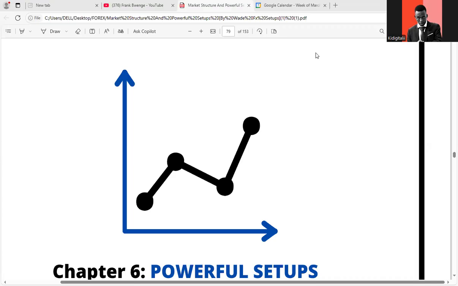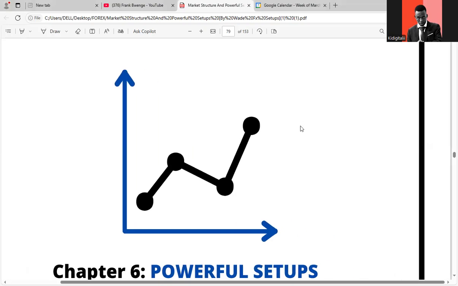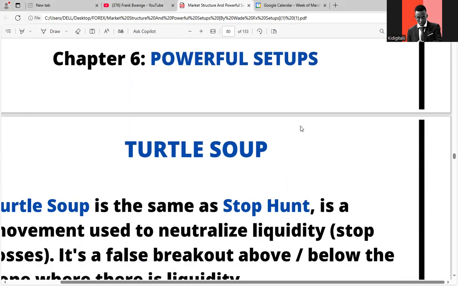Today I'm going to show you the powerful setups that we're going to use in our trading. The first powerful setup that we can use to trade in the Forex market is what we call a turtle soup.